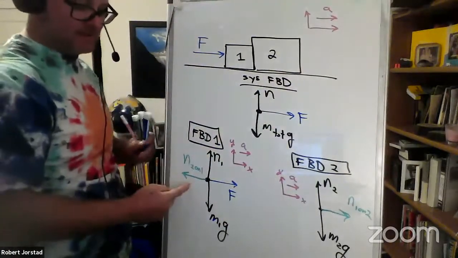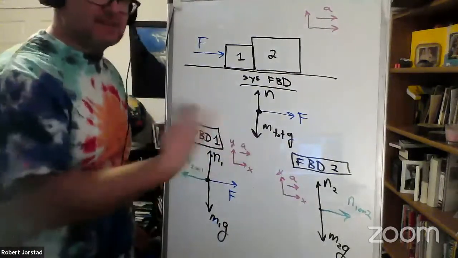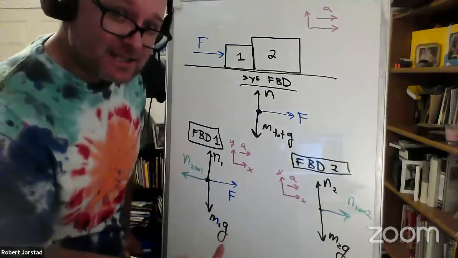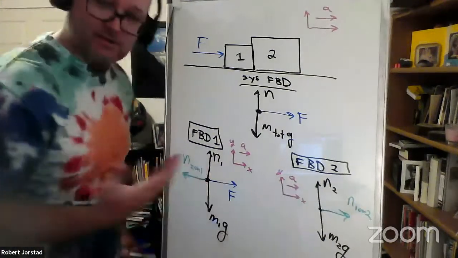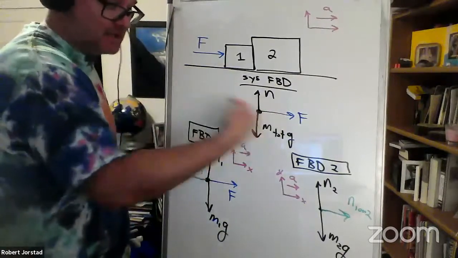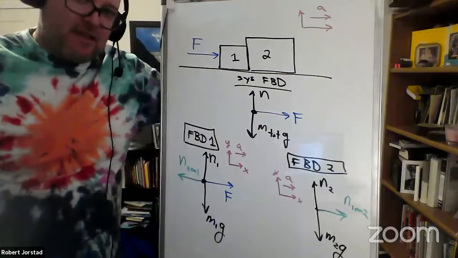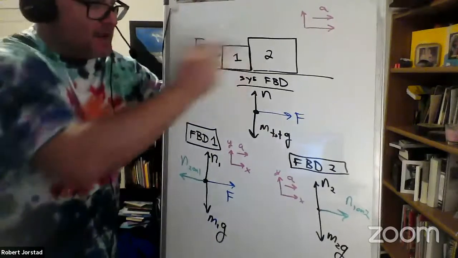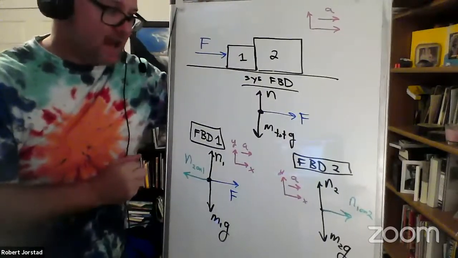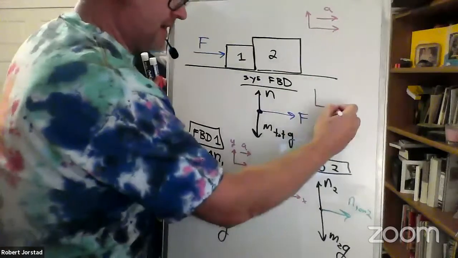But what happens to this one and that one? They're equal in magnitude, opposite in direction, regardless of the acceleration. The two green arrows drop out because you could draw them, but they would cancel out. So notice if you draw a system FBD, it's actually easier to learn about the acceleration.